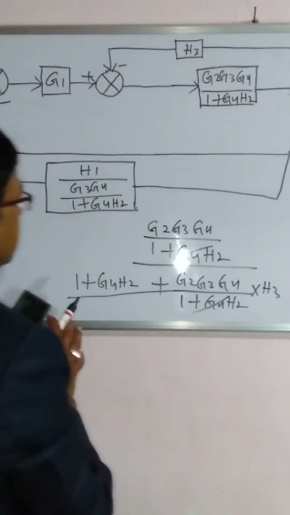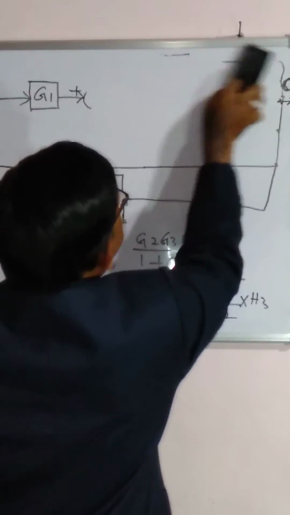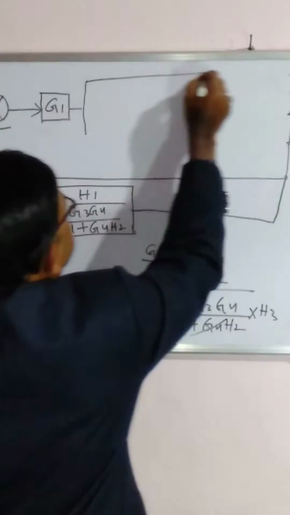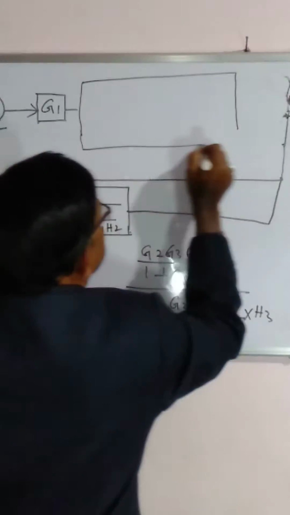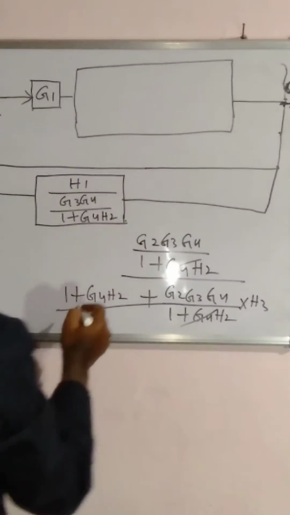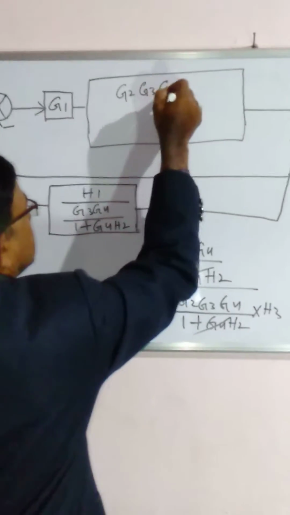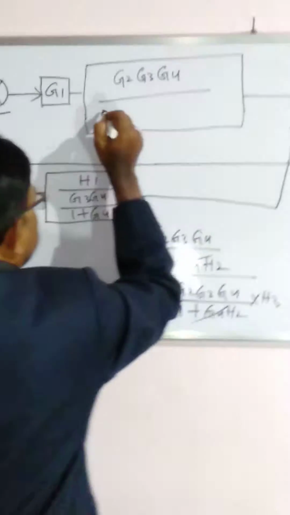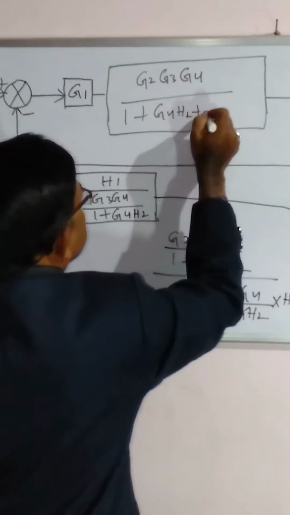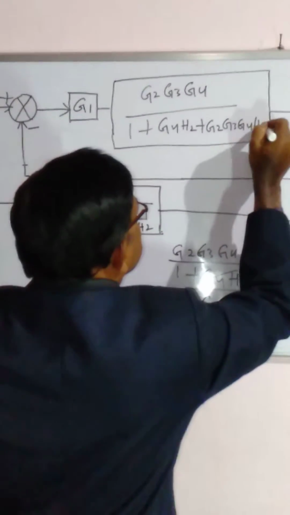So now we will remove this. So G2 G3 G4 by 1 plus G4 H2 plus G2 G3 G4 H3.